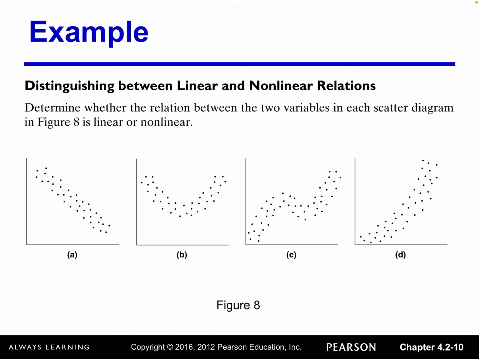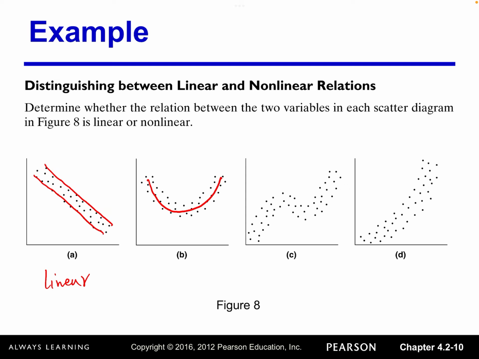All right, so let's try some examples. Determine whether the relationship between two variables in each scatter diagram in this figure is linear or nonlinear. We can see this data band forms a line, basically, so this is linear data.